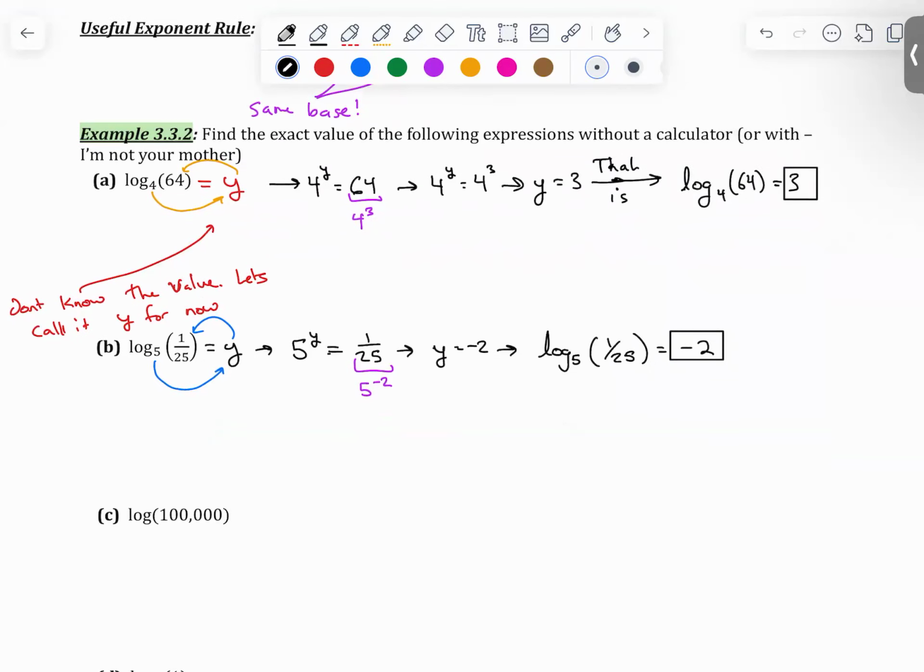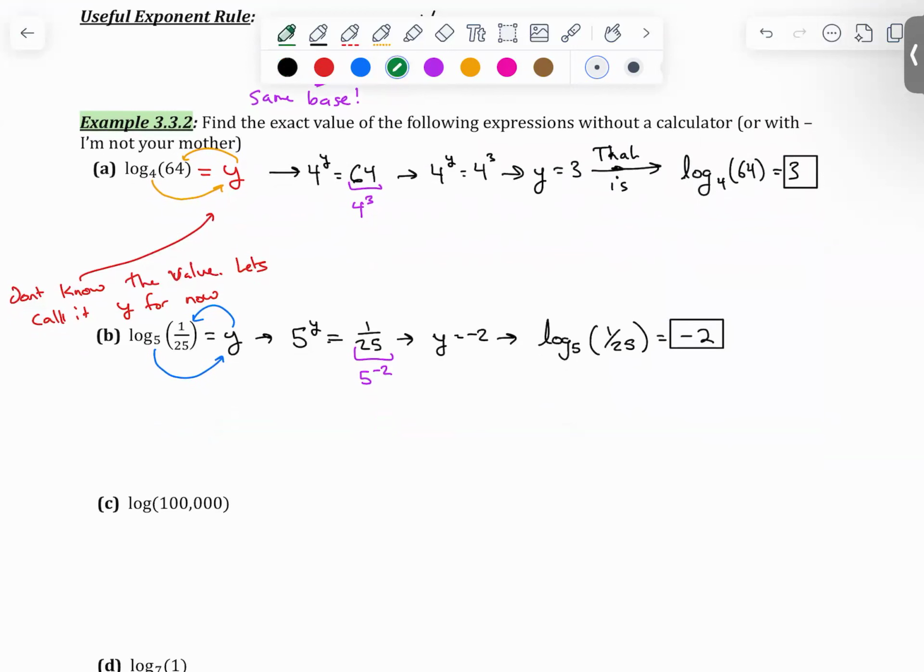Next one, we've got log base 10 of 100,000. Remember, that's a common log. So there's an implied 10 down there. We're going to make that equal to y, and we'll start at the base, move across the equal sign, then back over. We get that 10 to the y is equal to 100,000.